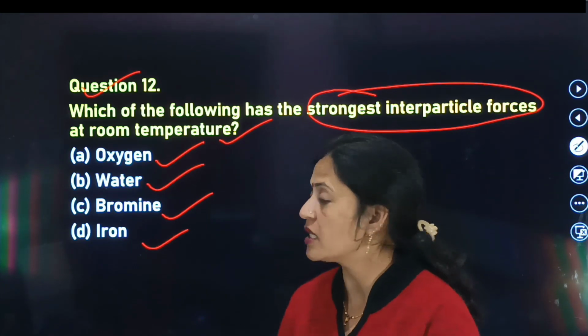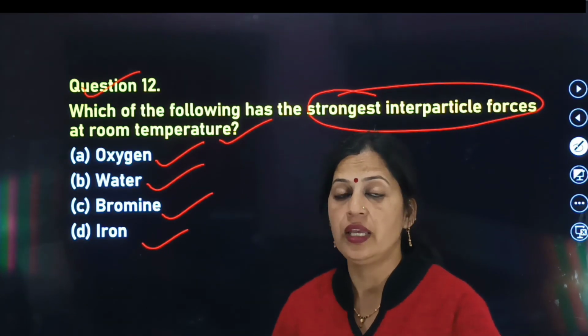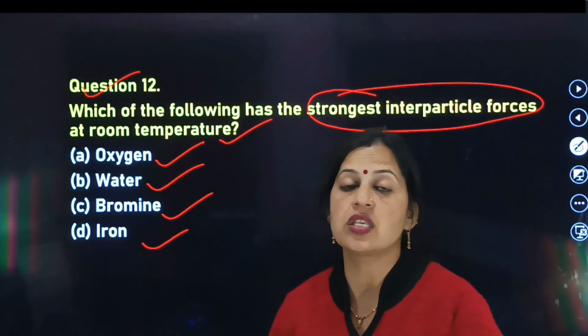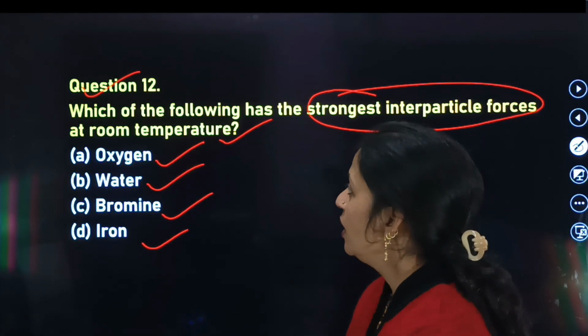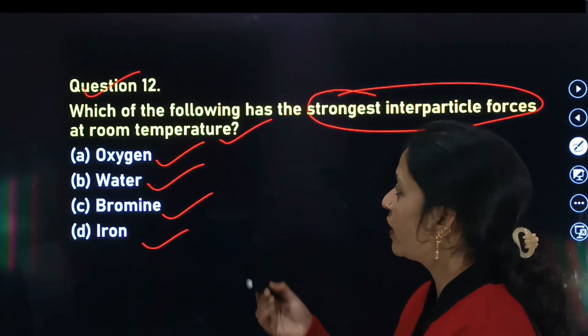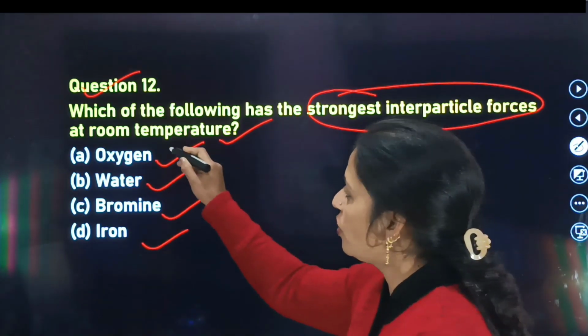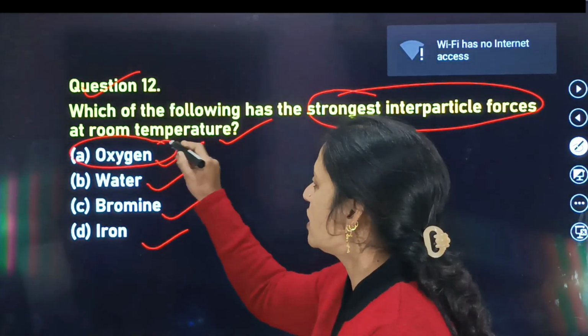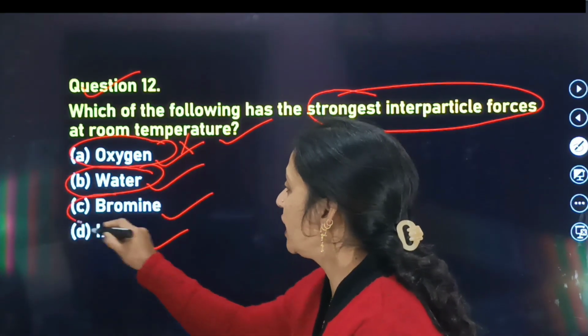ऑप्शंस दी गई हैं आपके पास, या तो ऑक्सीजन है, वाटर है, ब्रोमिन है या फिर आयरन है. दैट मींस आउट ऑफ दीज विच हैव द स्ट्रॉन्गेस्ट इंटरपार्टिकल फोर्सेस स्पेशली एट द रूम टेम्परेचर. तो ऑक्सीजन के भी स्ट्रॉन्गेस्ट इंटरपार्टिकल फोर्सेस नहीं है रूम टेम्परेचर पर, वाटर की भी नहीं है एंड ब्रोमिन की भी नहीं है.